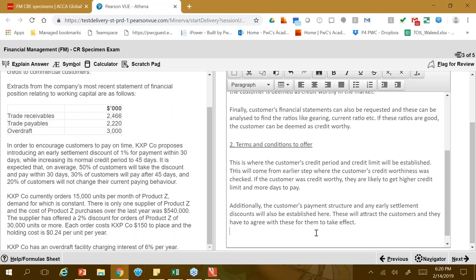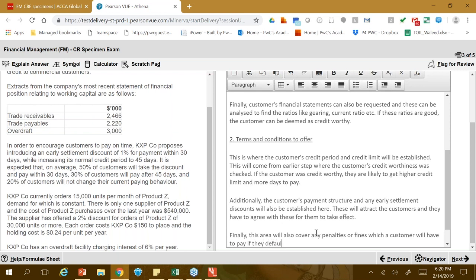And the final thing here is, finally, this area will also cover any penalties or fines which a customer will have to pay if they default or miss their payment structures.